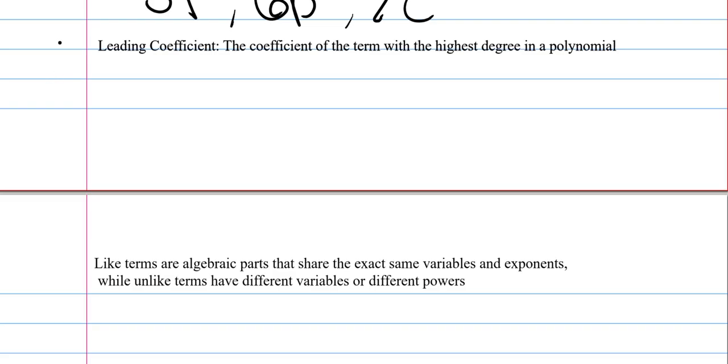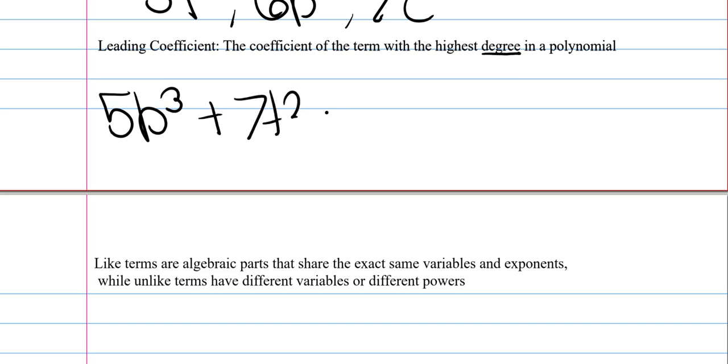Polynomials have exponents, and the degree is the term with the highest exponent value. For example, 5b cubed plus 7t squared plus 3x.